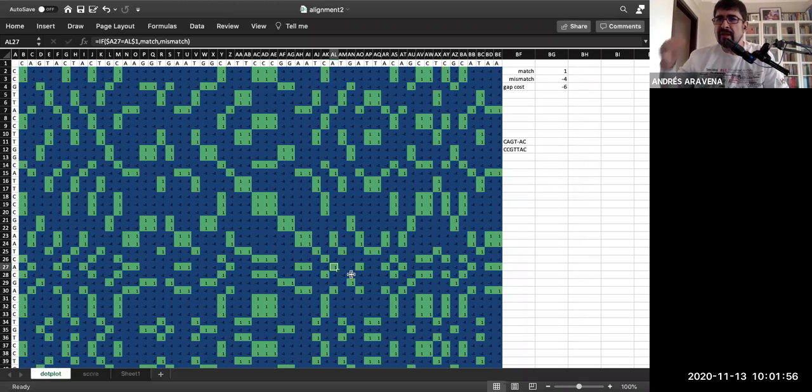And after you fill the matrix, you have to do something called trace back to complete the gaps. And that is kind of harder. You need to do it after you do the first thing. And what I will show you later is that it can even have more than one solution. You may have several alignments that have the same score.